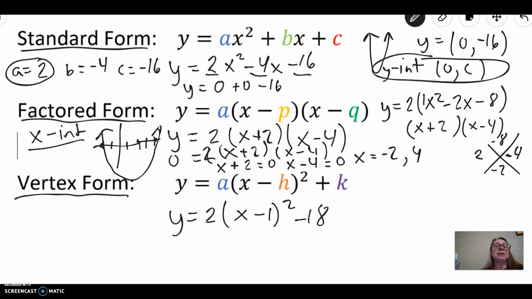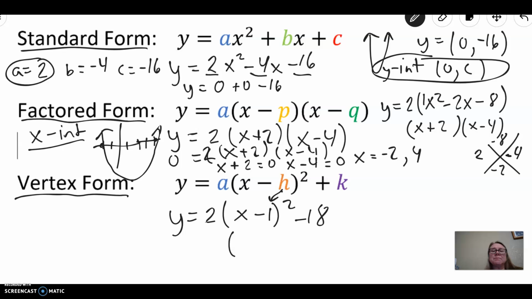And this format is really awesome because, and this is what you're going to focus on in this lesson, it's called vertex form because the numbers right here in the equation help you find the vertex. Whatever h is, notice h is in the same position as this 1. Whatever h is is going to give you the x value of your vertex.